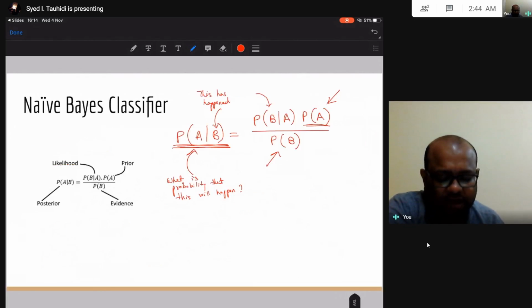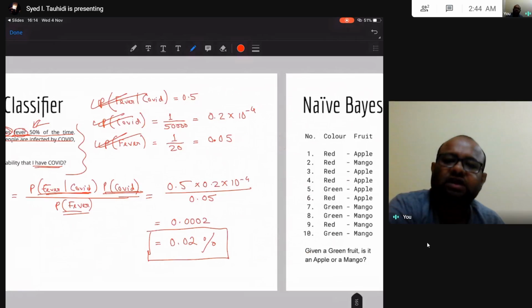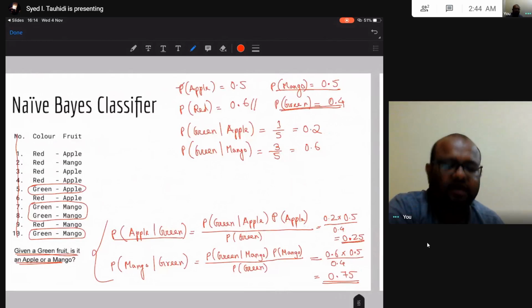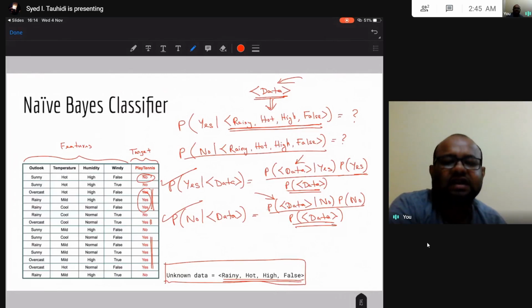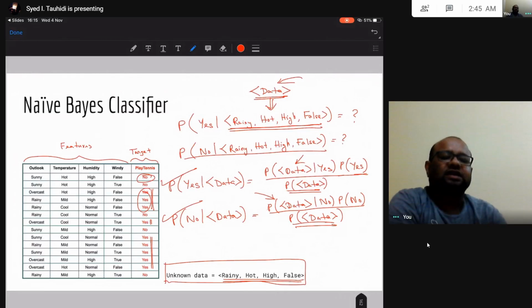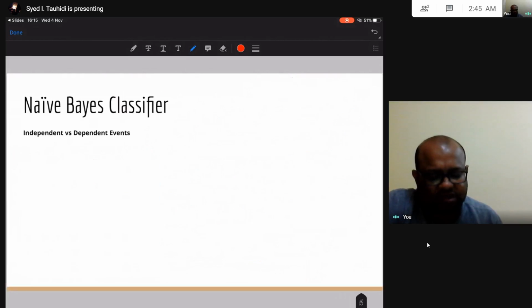Then we talked about Naïve Bayes. We solved a problem with Naïve Bayes. Alright, then we used Naïve Bayes on a data set that had only one feature. Alright, then we moved into another data set that had multiple features to use this Naïve Bayes classifier to do classification. Alright, so yeah, that is what we did.